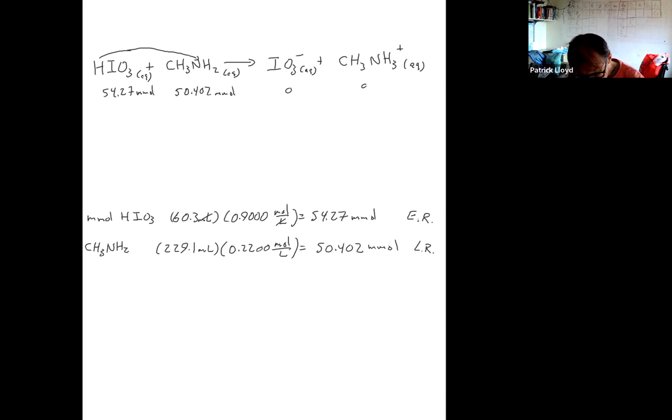These products are 0 initially, right? We subtract the limiting reactant from each of the reactants to figure out how much is left over. And of course, for the limiting reactant, there's not going to be any of it left over. And the products are going to go up by 50.402.